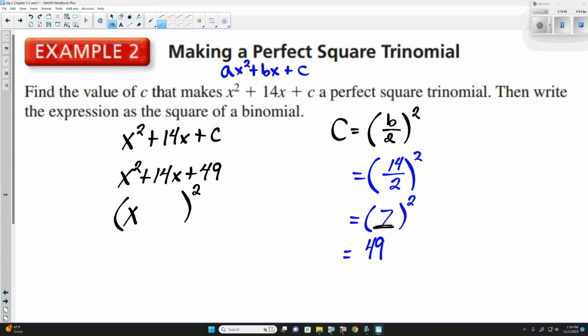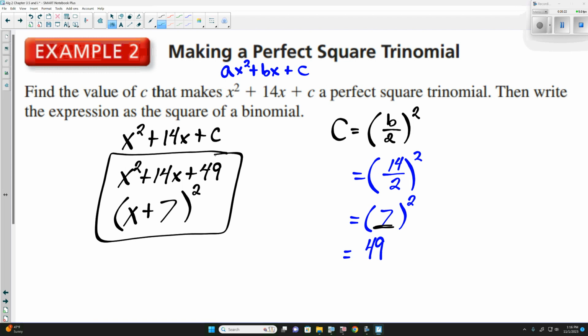So the number we have inside the parentheses this time before we square it was 7. Was it positive or negative? So it's going to be plus 7. If it had been negative 7 before we squared it, it would have been x minus 7. That's it.